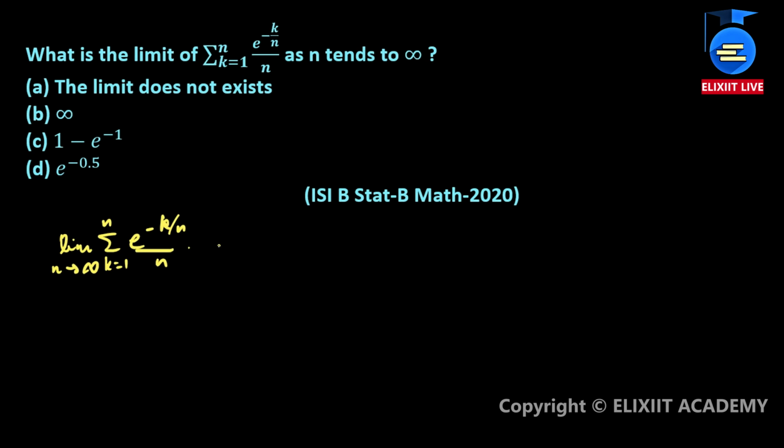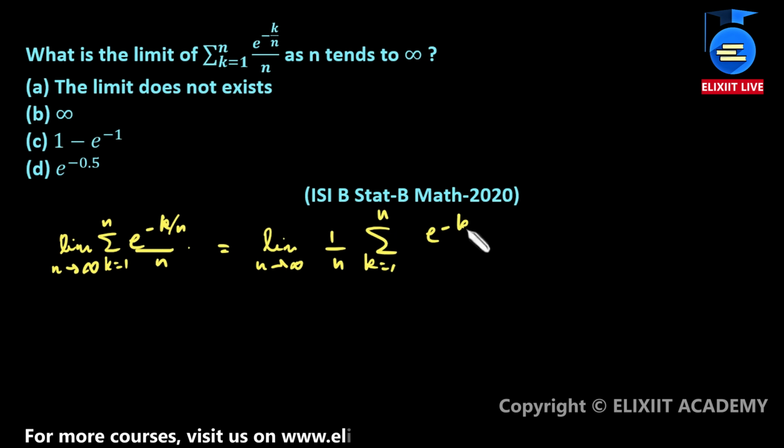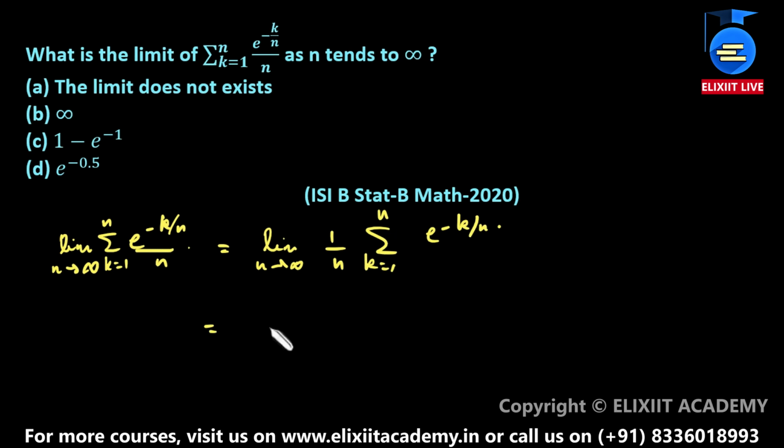Very simple. This is already of the form limit n tends to infinity. You can take out this 1 by n outside of this sigma, since sigma is dependent on k, k is equals to 1 to n e to the power minus k by n. So this is basically integration 0 to 1 e to the power minus x dx.